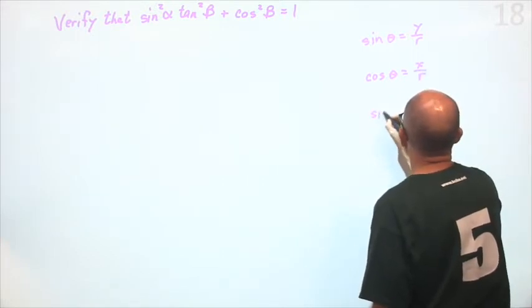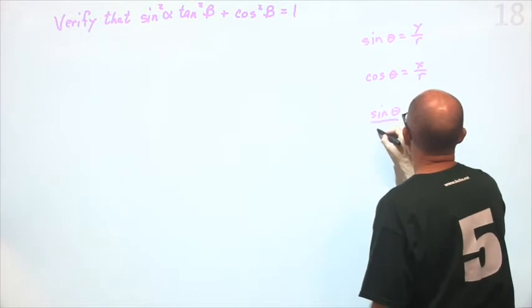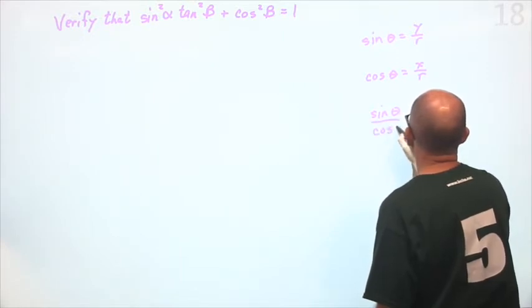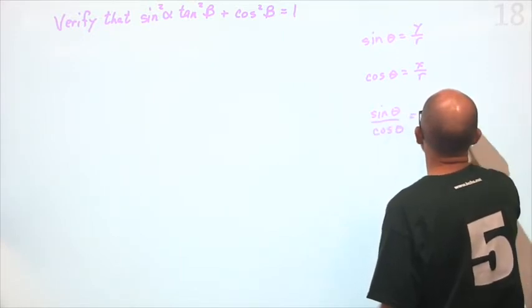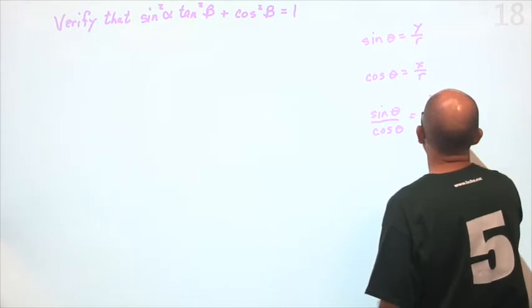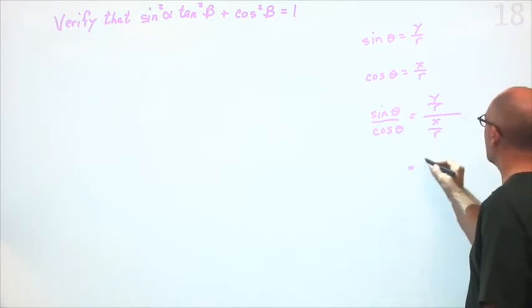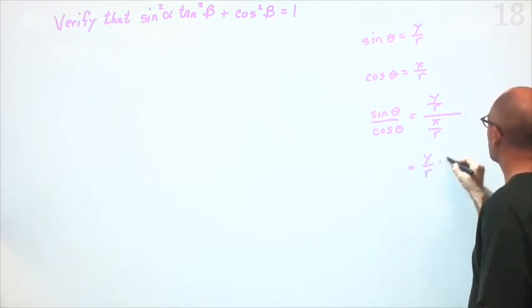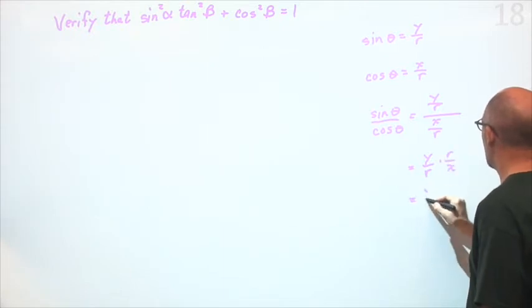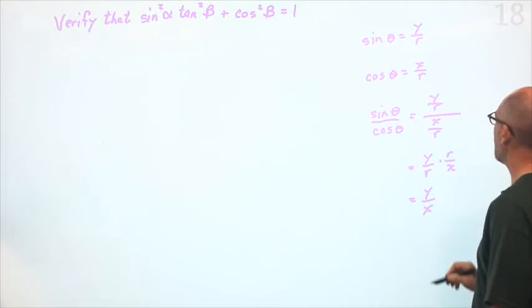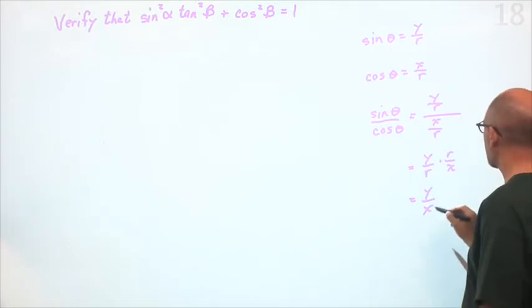So sine theta over cosine theta equals y over r divided by x over r. Now, if I flip the bottom and multiply, then I have y over r times r over x, which equals y over x. Now, we know that y over x equals tangent theta.